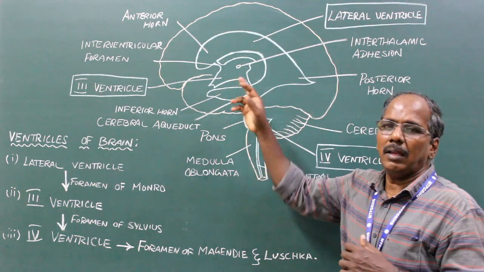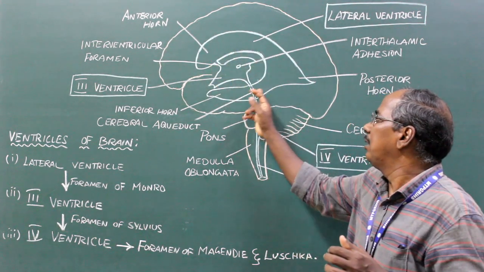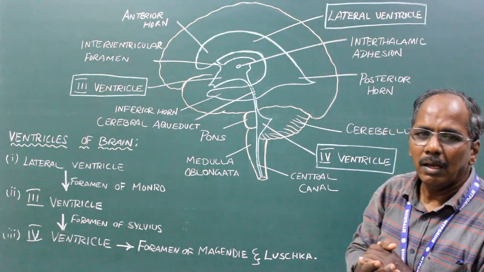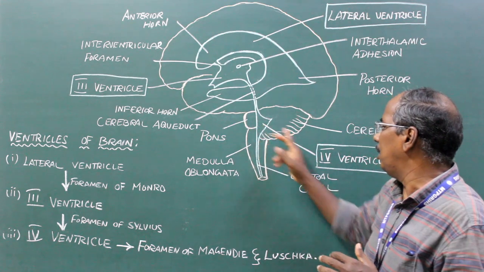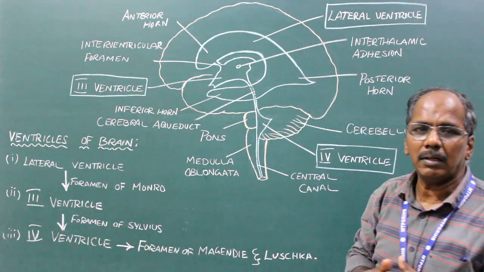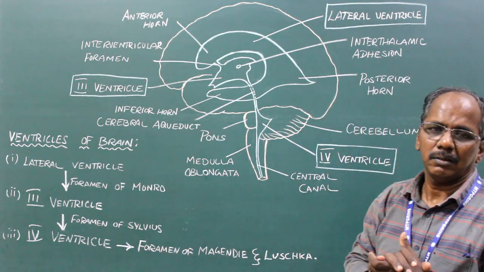The 3rd ventricle communicates anteriorly with the lateral ventricle through the interventricular foramen and posteriorly with the 4th ventricle through the cerebral aqueduct or foramen of Sylvius.